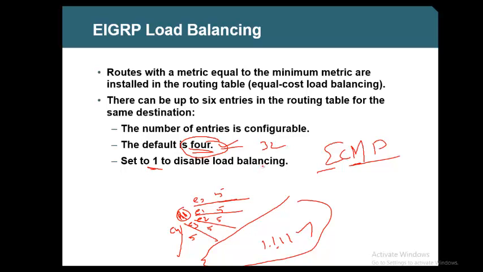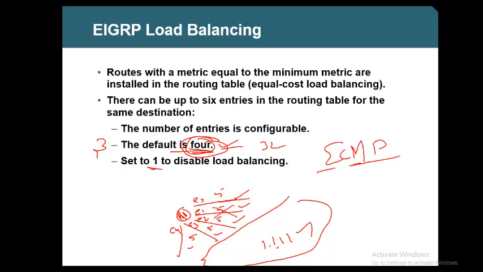A question from Mahesh is, can I use 3 and the others as backup? If you had asked that, I would have said yes. But you asked, can I use 3 paths and 1 as backup? Why 1? There are 2 out of 5. If you say max path is 3 instead of 4, any 3 will be used for load sharing, and these 2 will be waiting for any one link to go down.